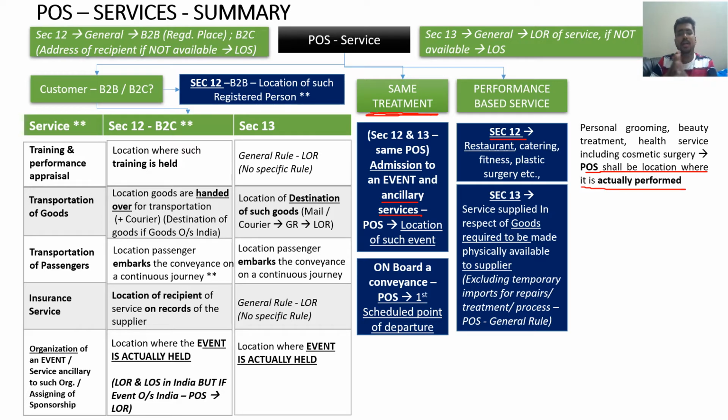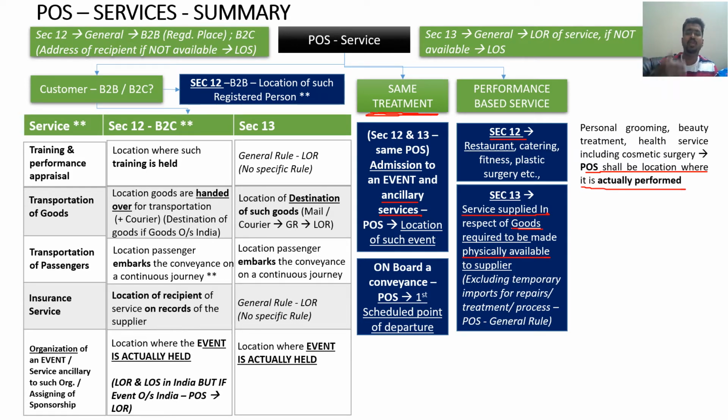Similarly, section 13 also has performance based service, which is something different, but the place of supply is the place where it is actually performed, right? So what are the performance based services in section 13? Section 13 says services supplied in respect of goods which are required to be made physically available to the supplier, either by the recipient or on behalf of the recipient.